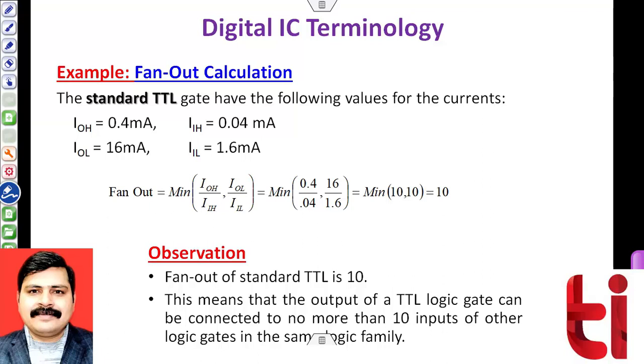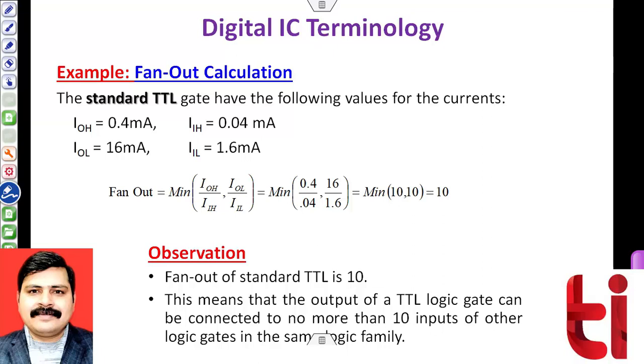So the minimum value is 10. That means for this example, for the standard TTL gate, the fan out is 10. So my answer is 10. Now, what is the technical meaning of this outcome? It means that the output of a TTL logic gate can be connected to no more than 10 inputs of other logic gates in the same logic family.